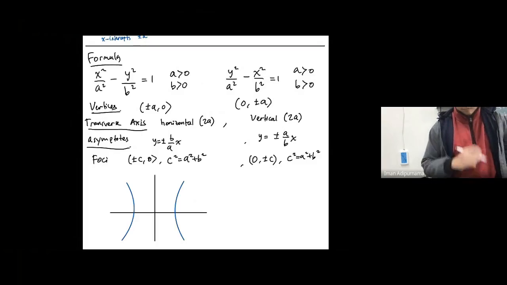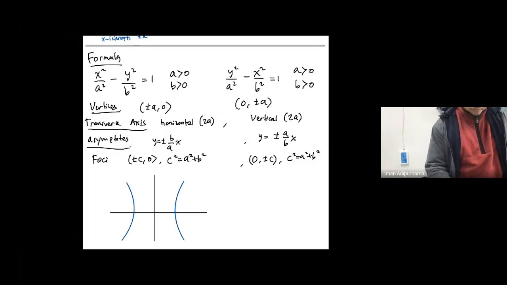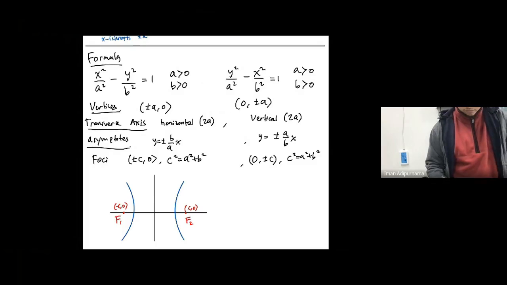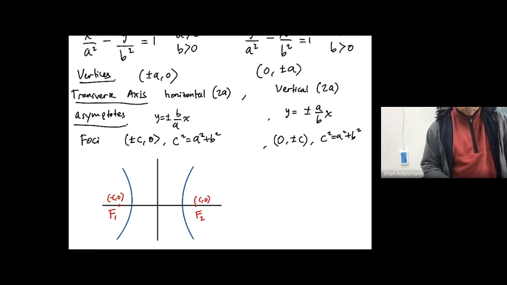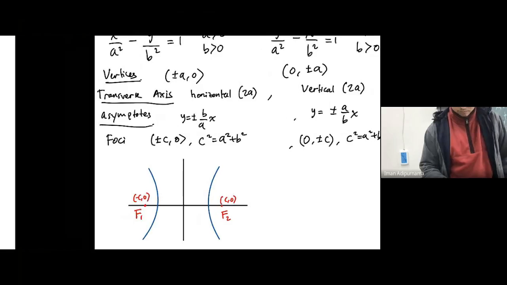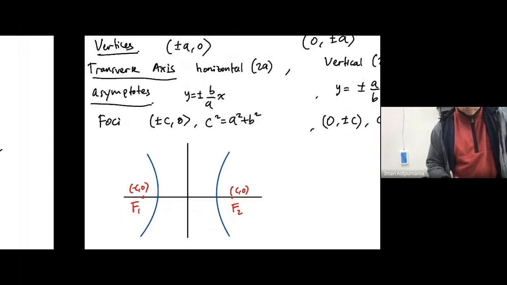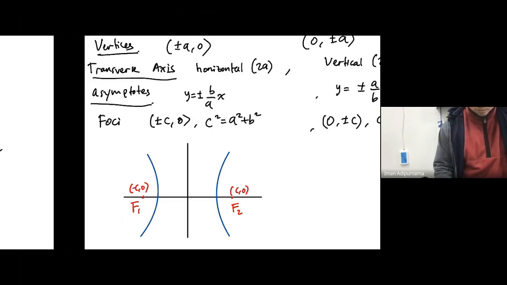This is F1, F2, and then this is negative a, this is a.